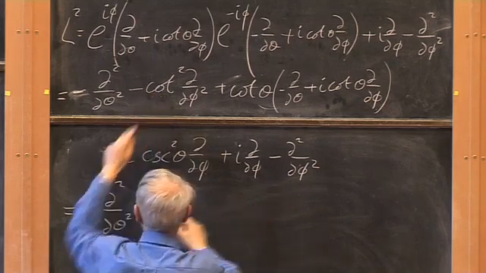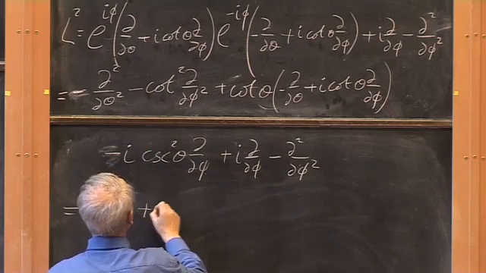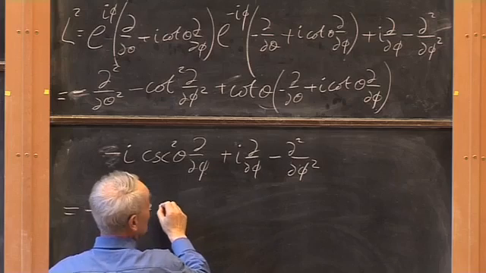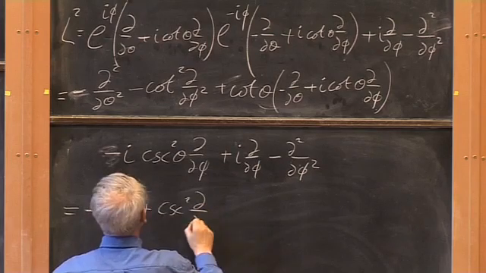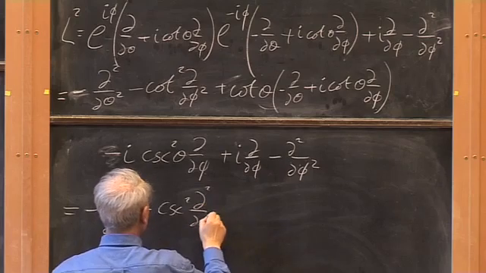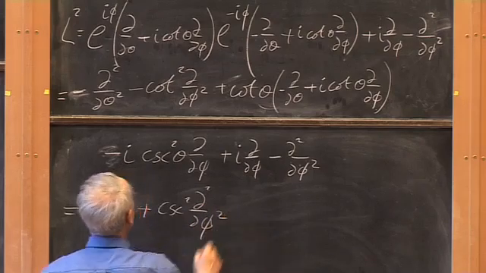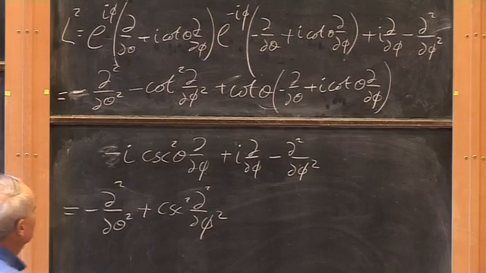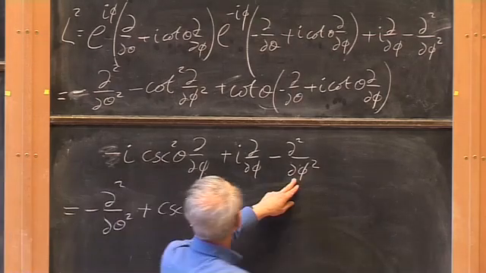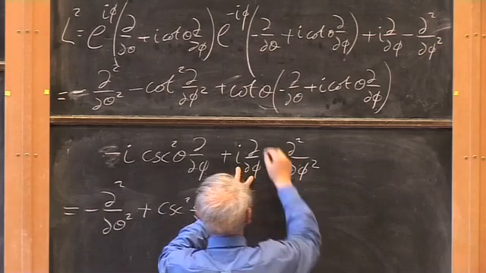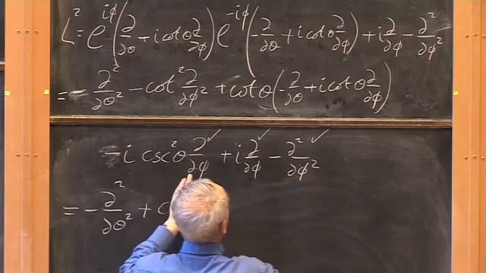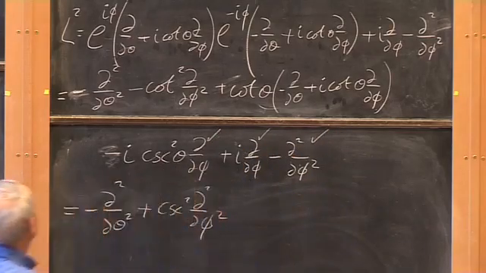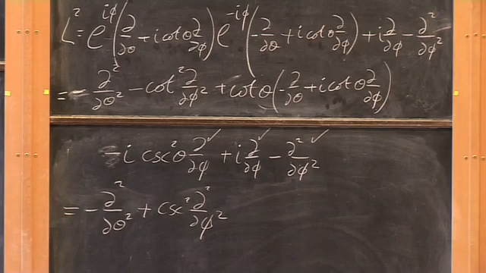So we get a minus cosec squared according to this. I'm slightly worried by this. So I'm going to end up with a cosec squared d2 by d phi squared, and I strongly suspect that sign is wrong, but that's what I've honestly got. So that's this dealt with, and this has been dealt with. I think we're all tickety boo.